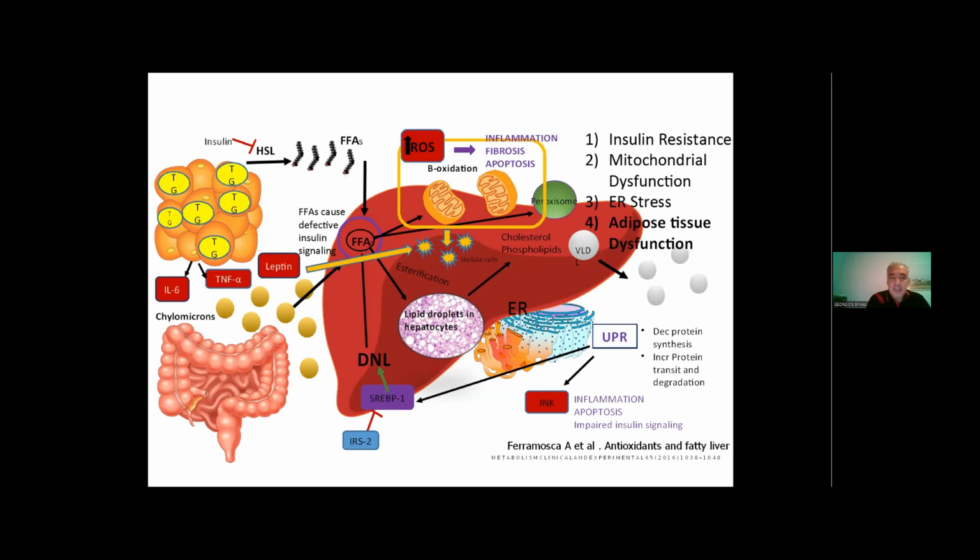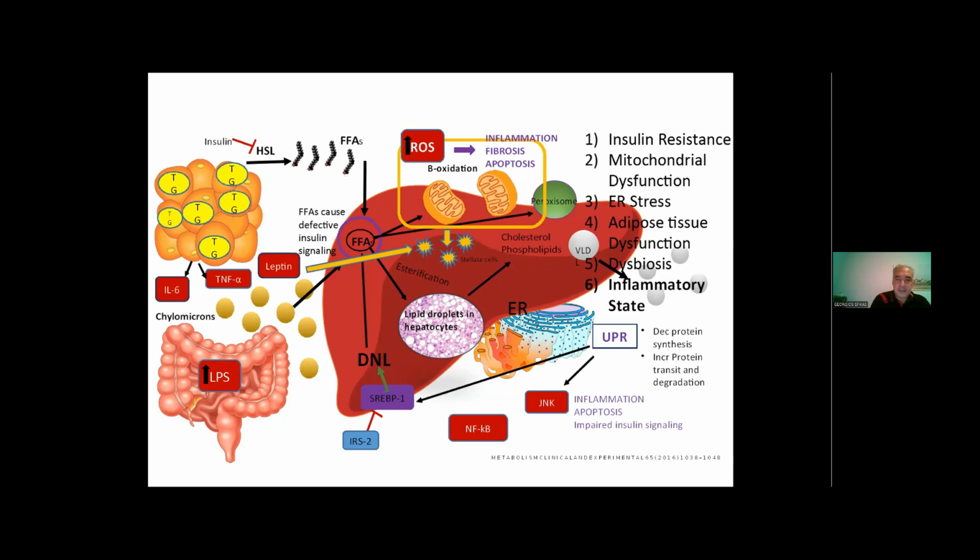More and more modificators of the inflammation are produced, and then we have all this cycle of inflammation which goes on to become steatosis and fibrosis.